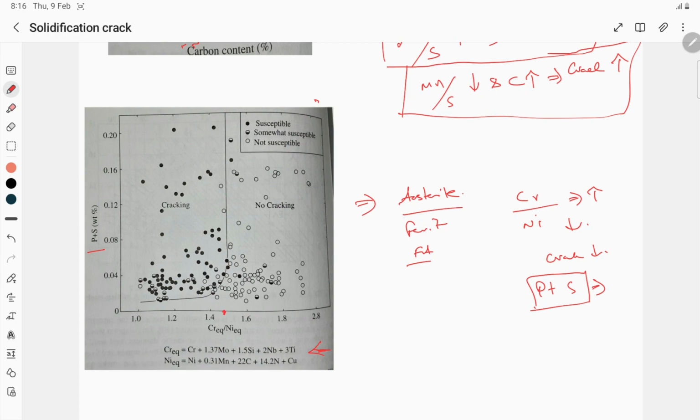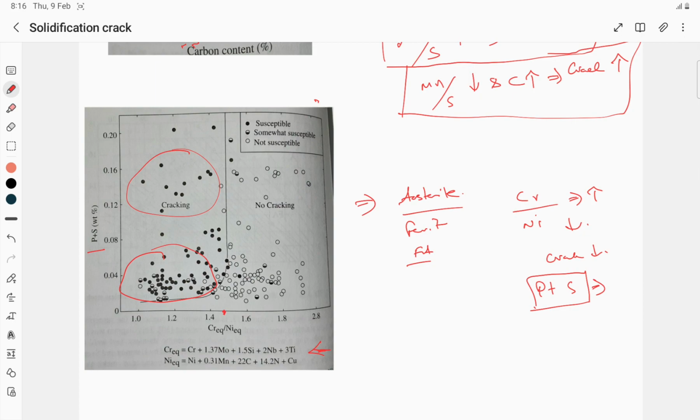If the chromium nickel equivalent ratio is more than 1.5, there is less possibility for the formation of solidification crack, and below 1.5 the possibility for the formation of crack is more, both at a low percentage and at a high percentage of phosphorus and sulfur. This is what they have found through their research work.